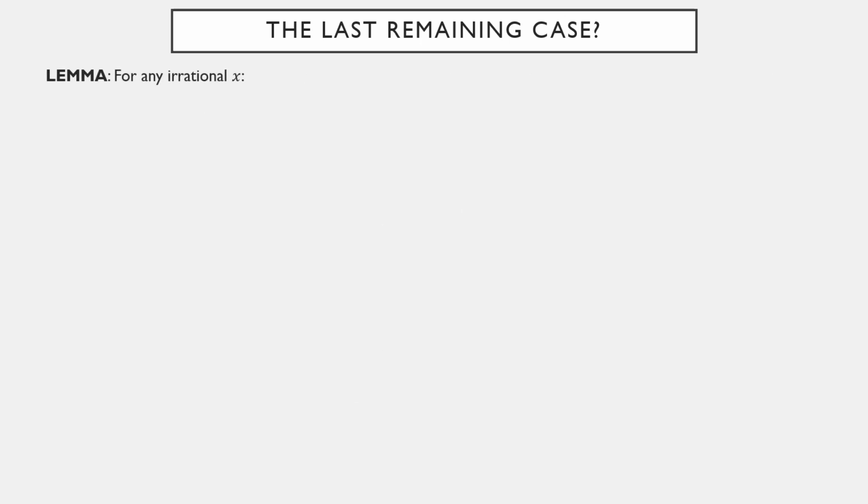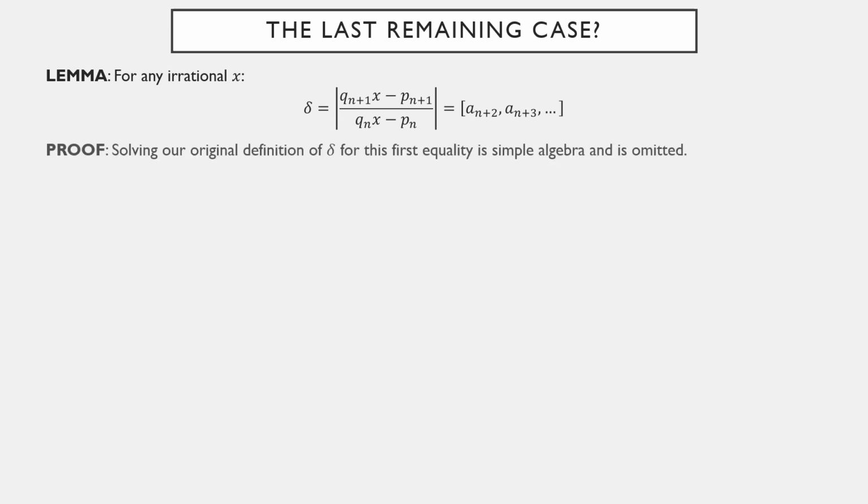Okay. As a side lemma, before we proceed with our main theorem here, for an irrational x, I claim that delta, which we did define as this absolute value, is in fact equal to the continued fraction with no integer part, and whose partial quotients are exactly those of x, but cutting off everything through the n plus first index. So our original definition of delta, remember, was that a_{n+1} plus delta times p_n plus p_{n-1} over a_{n+1} plus delta times q_n plus q_{n-1} equals x.